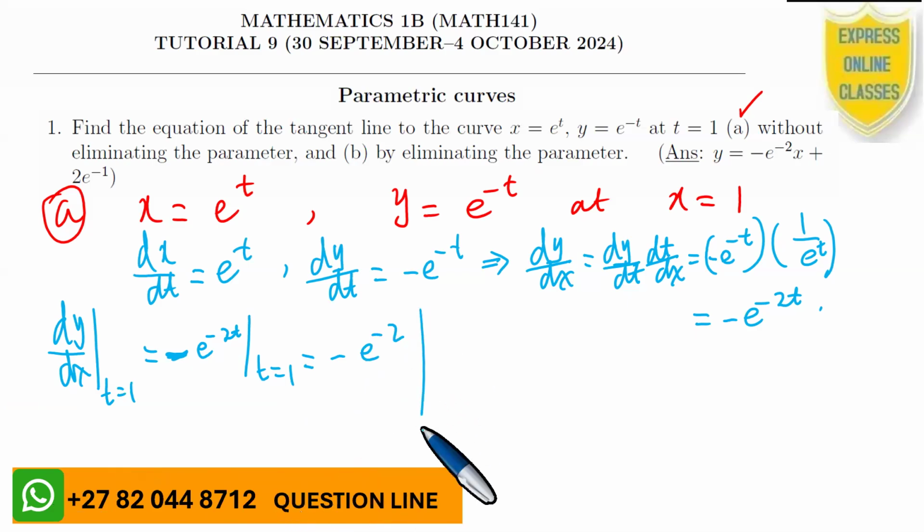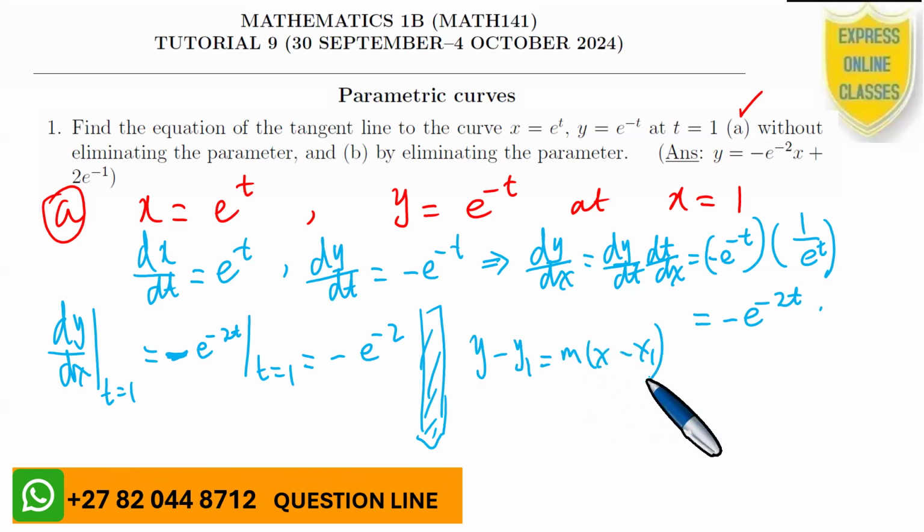After this, you can use y minus y1 equals m(x minus x1), or if you don't want to use this, you can use y equals mx plus c, or other alternative methods.